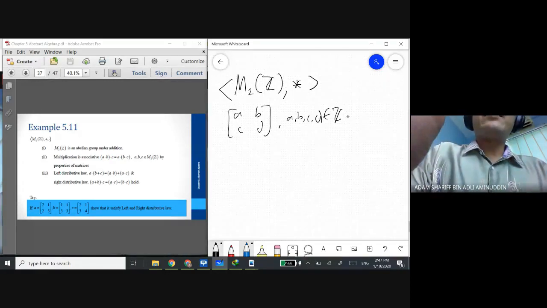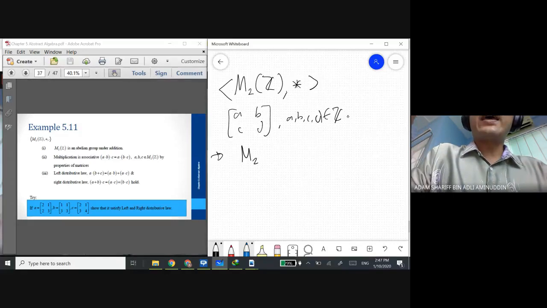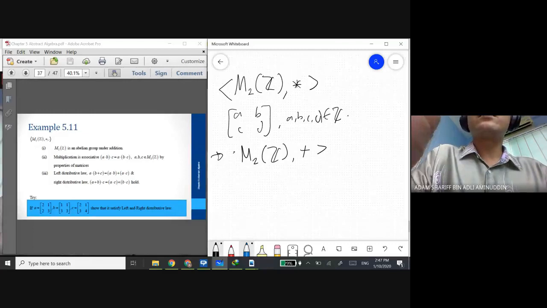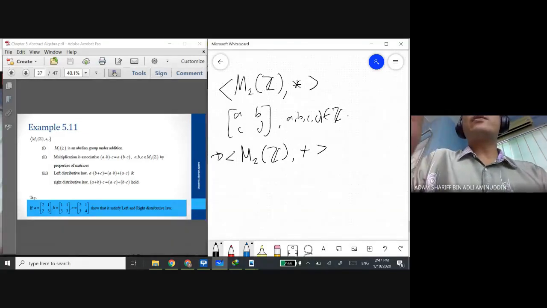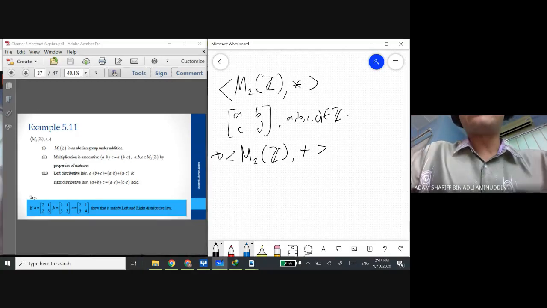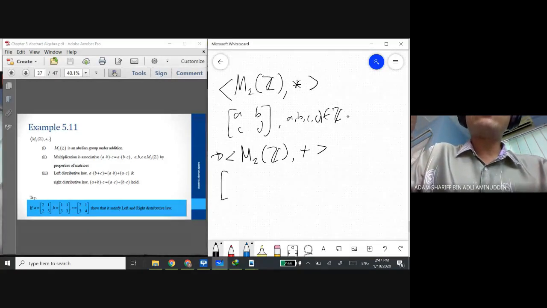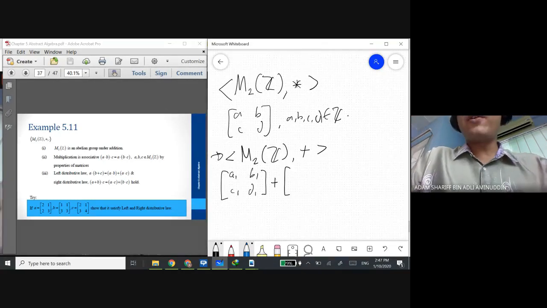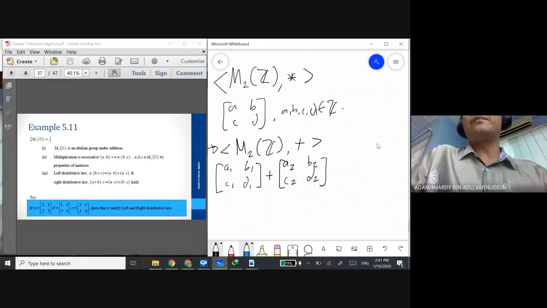Now let's change a little bit to this form. M2Z plus. If you get this M2Z plus, it means the binary operation with plus. So how do you add two matrices? This thing you already learned during your previous level of education.